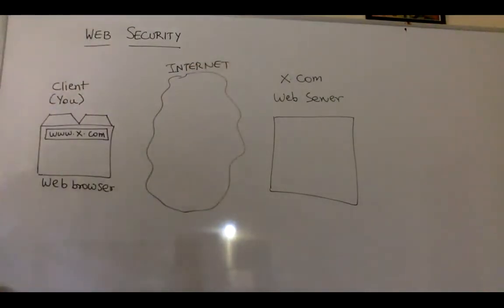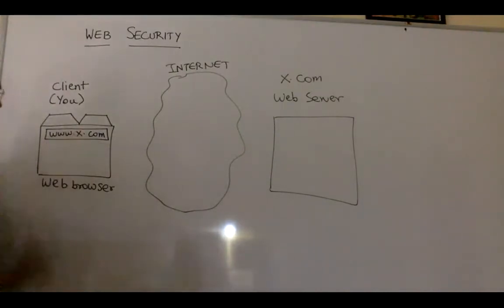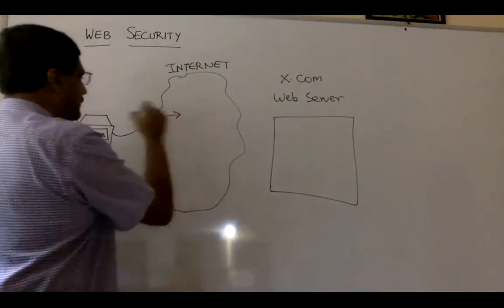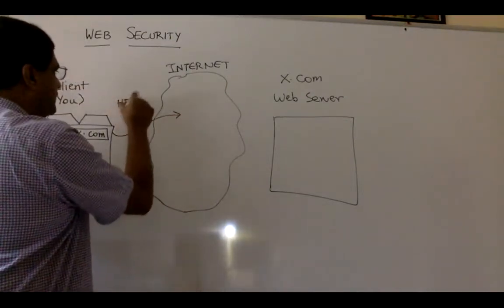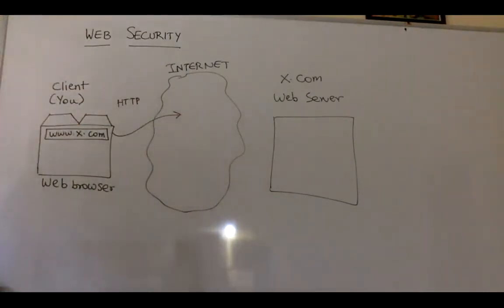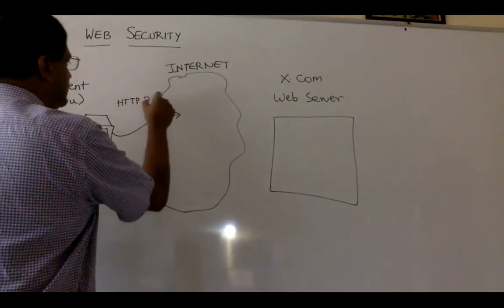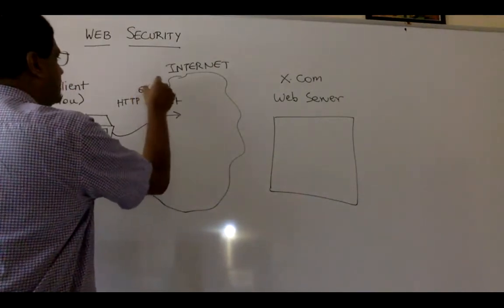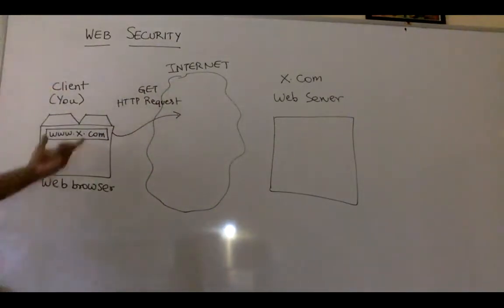Okay, so how does the whole thing work? Well, you enter the domain name in your web browser and out goes an HTTP or an HTTPS request. So we will just talk about HTTP because HTTPS is nothing but HTTP running on top of TLS. Right? So here is your HTTP request. This is generally called an HTTP GET request, and it's directed to this particular IP address.